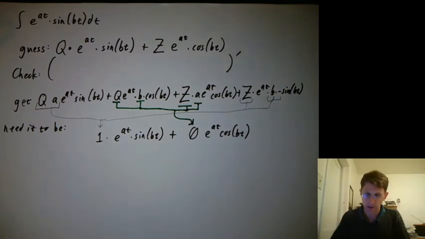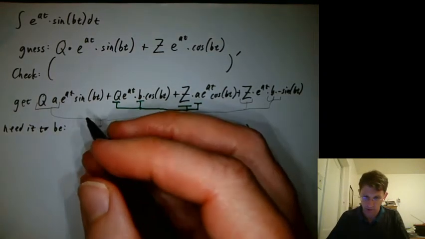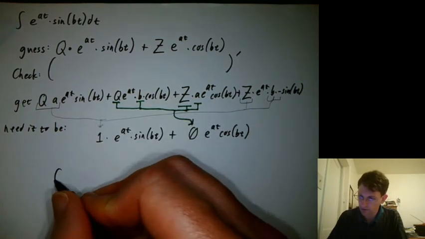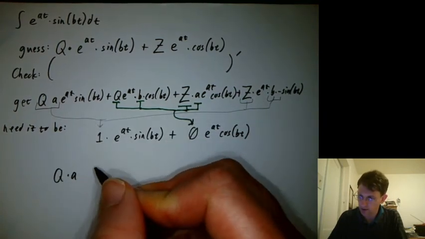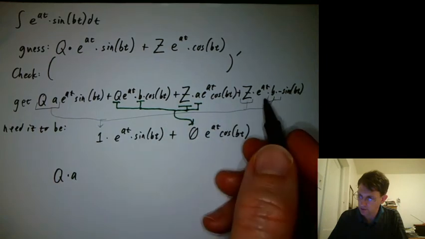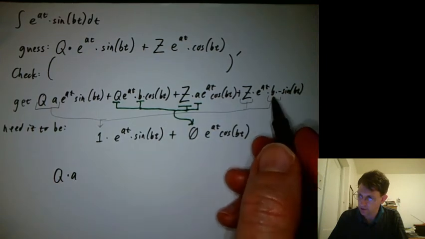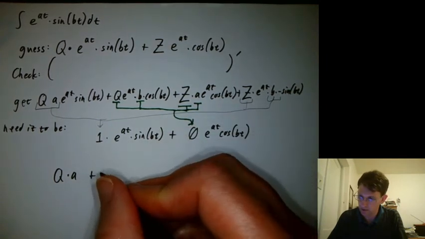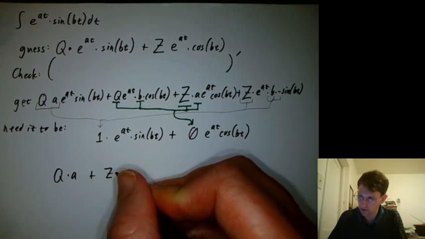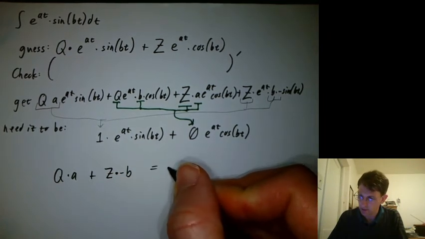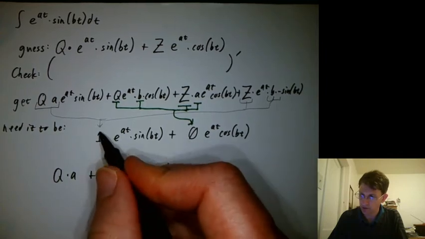So let's write what we need there. So we have q times a plus z times negative b to equal 1, that 1 right there.